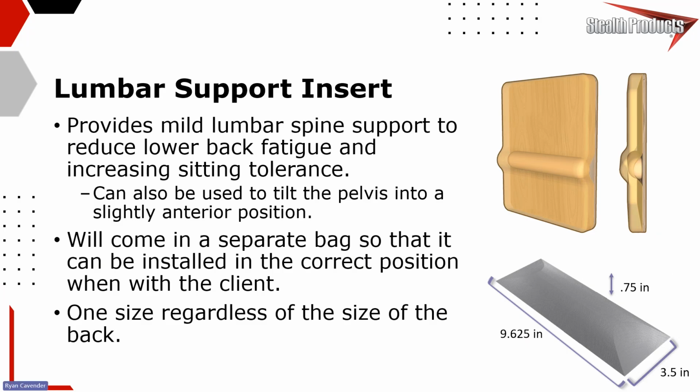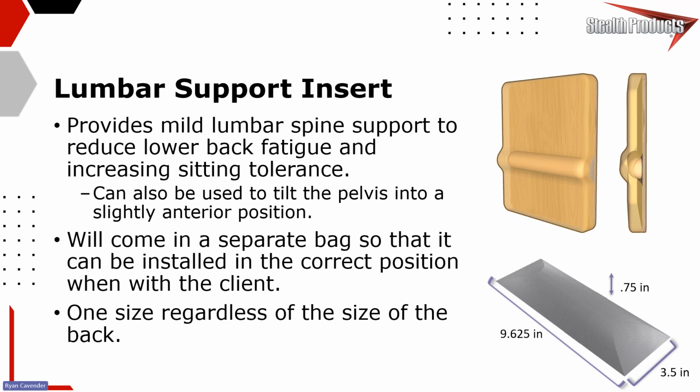As a client rides around in their chair, their lumbar spine has a tendency to flatten out a couple of degrees, and so putting in a lumbar support insert can help with that. Our lumbar support inserts can give you a little bit more control to better match that lumbar extension that somebody naturally has in their spinal curvature. But we have to be careful, right?